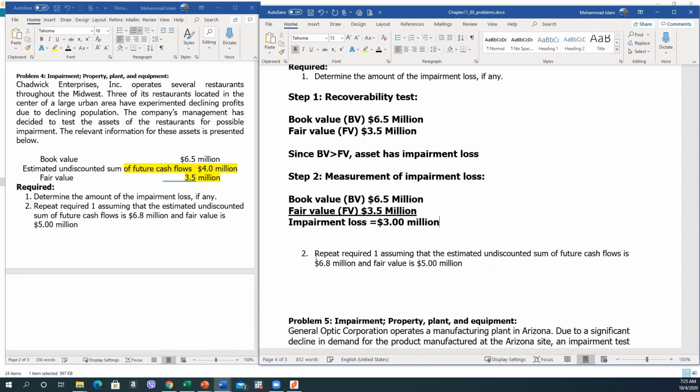This is the impairment loss, and for this next one, it is saying that the sum of future cash flows is 6.8 million and the fair value is 5 million.